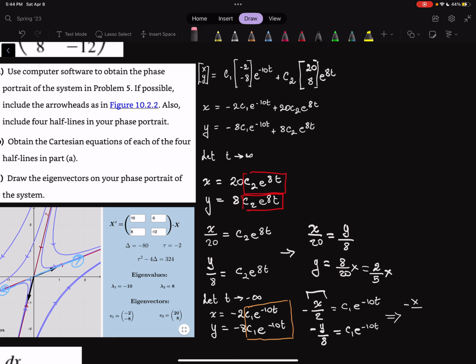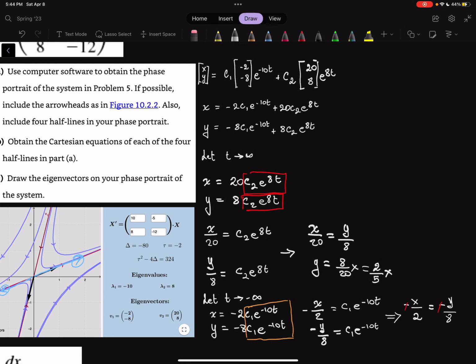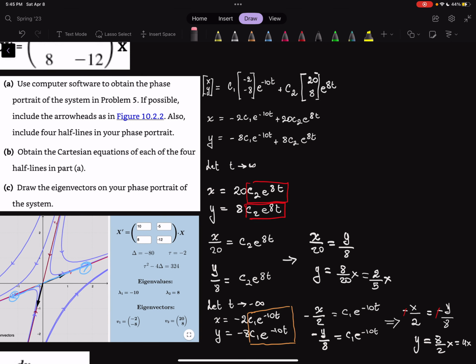See what I'm saying? So we'd have negative x over 2 is equal to negative y over 8. The negatives cancel out, and then we can multiply both sides by 8, and we get y is equal to 8 over 2 x, which is equal to 4x. So the other one here is y = 4x, and it's going to point in because the original exponent was to the negative power. And that was part B.